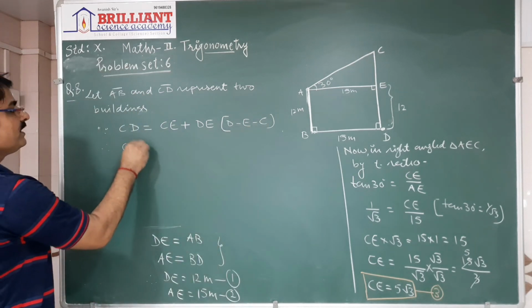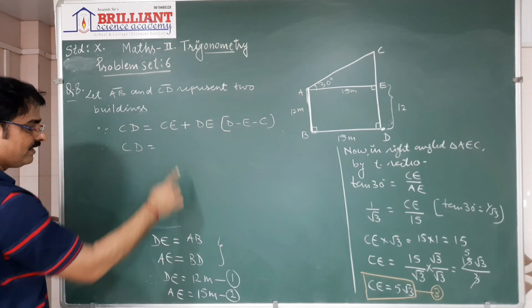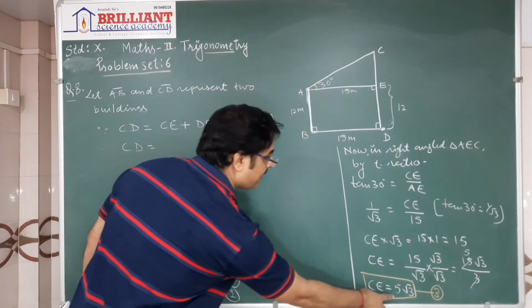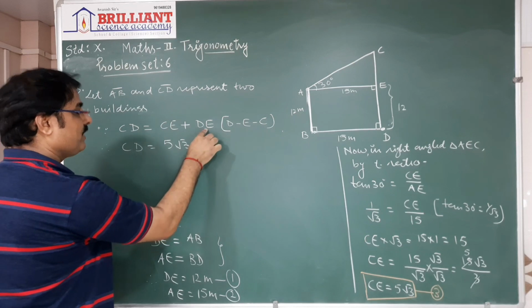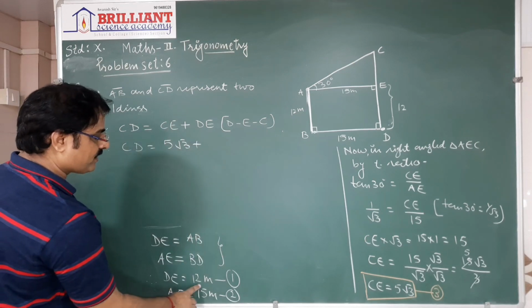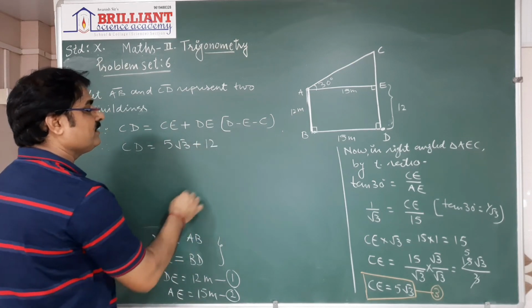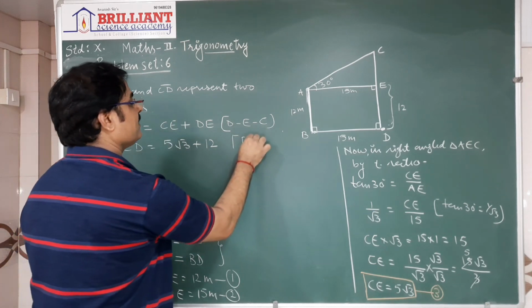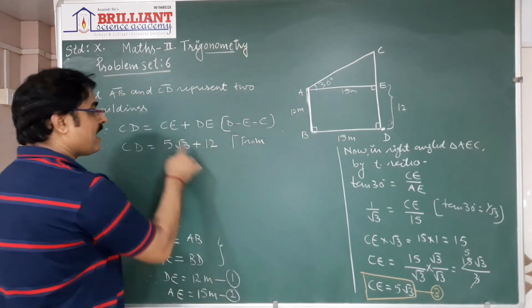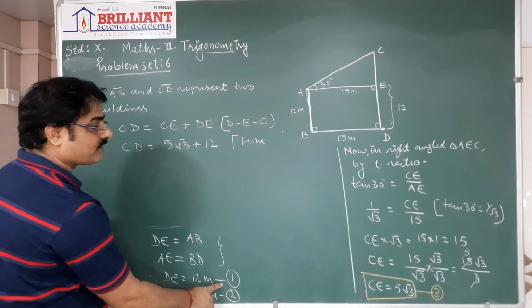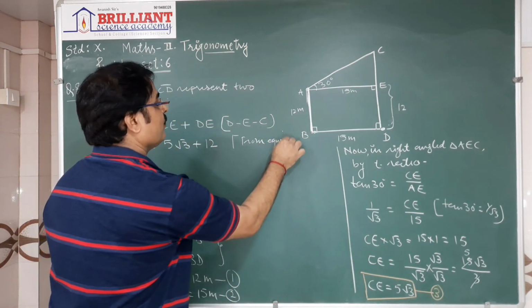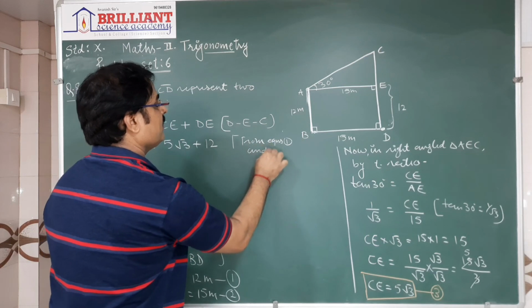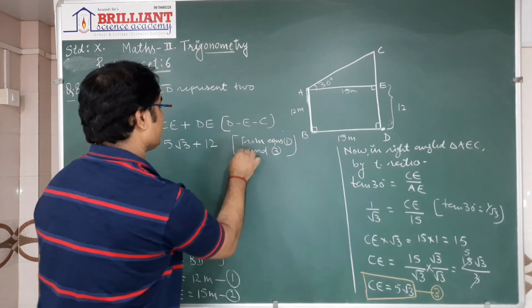So CD is equal to CE, CE is 5 root 3, plus DE from equation 1, its value is 12. Write here the reason. क्या रीजन लिखेंगे? कहां से value put किया? Equation 1 से और equation 3 से. From equations 1 and 3.